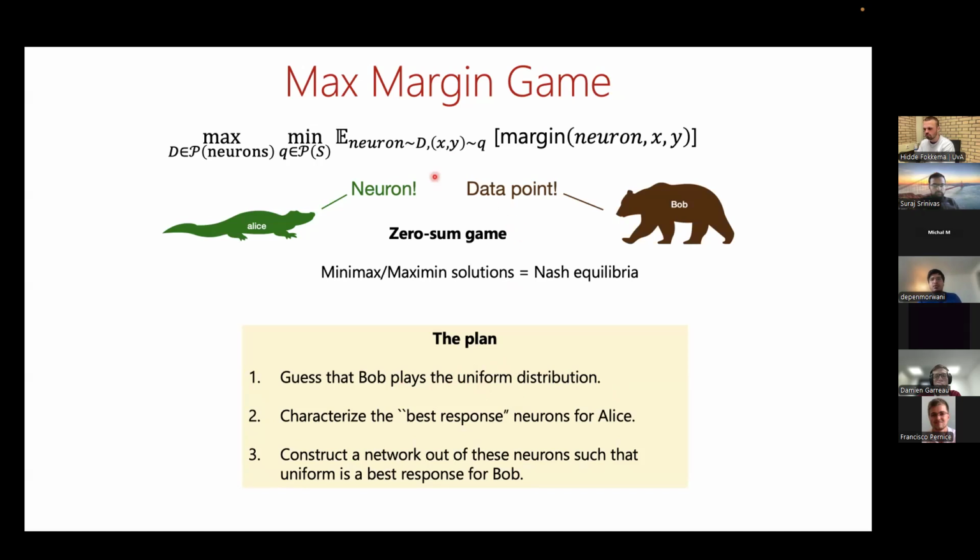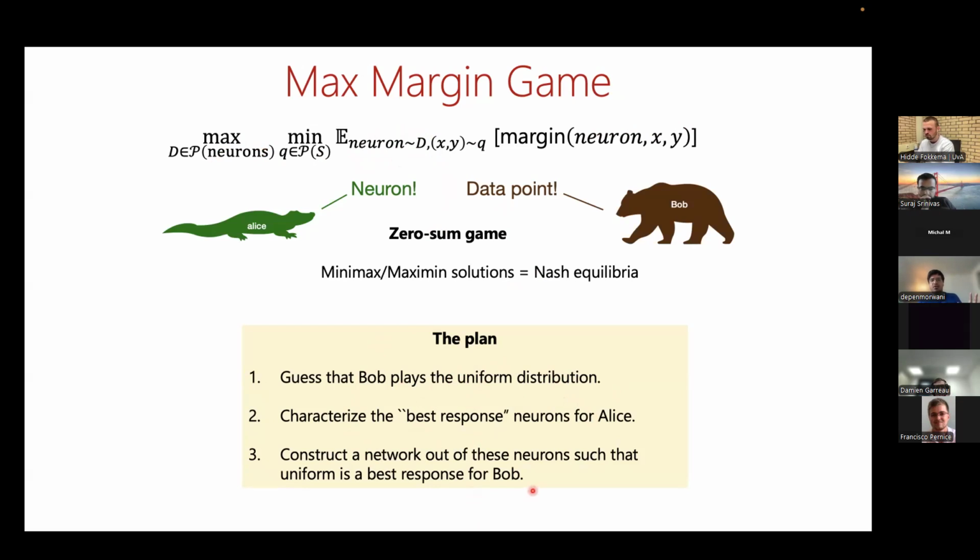Then we are going to solve this for a given neuron. The main point is we can think of this as a distribution over neurons. That's why we can find the best response neurons which we can use. Then we are going to construct a distribution D out of these such that uniform is really the best response for Bob.